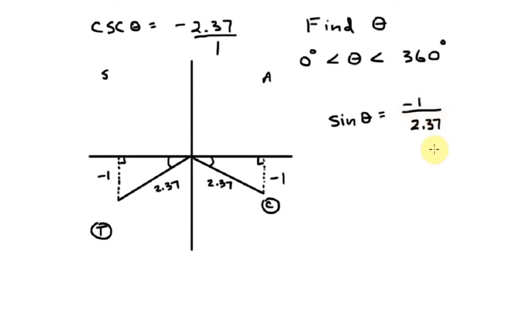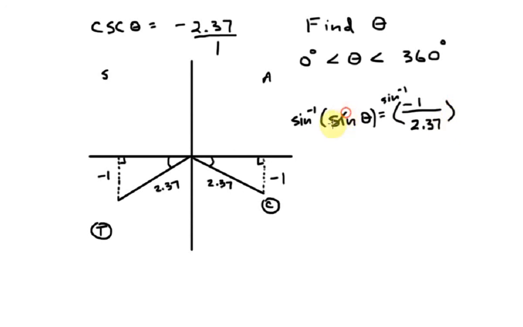Now, how can I solve this for theta? After all, that's what I'm asked to find. Well, I'm going to get rid of the sine by using sine inverse of both sides. Sine inverse of this, and then sine inverse of this stuff.